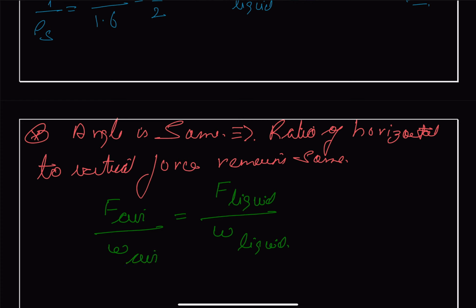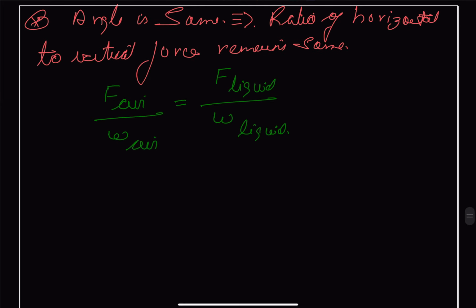So therefore we substitute the values. Force in air divided by our mg is equal to force in liquid, which is force in air divided by constant k, divided by weight in liquid, which is half mg.